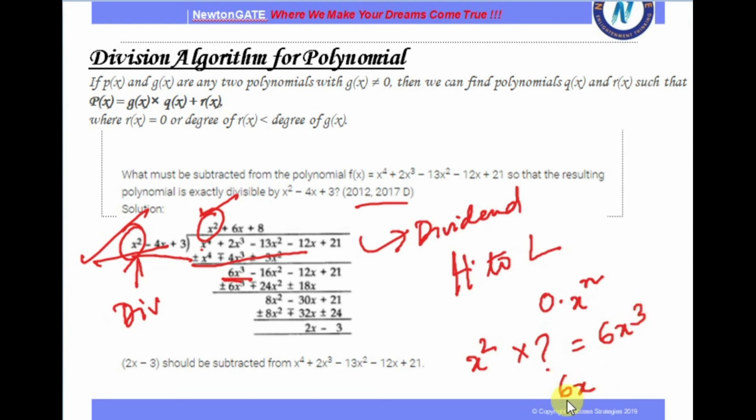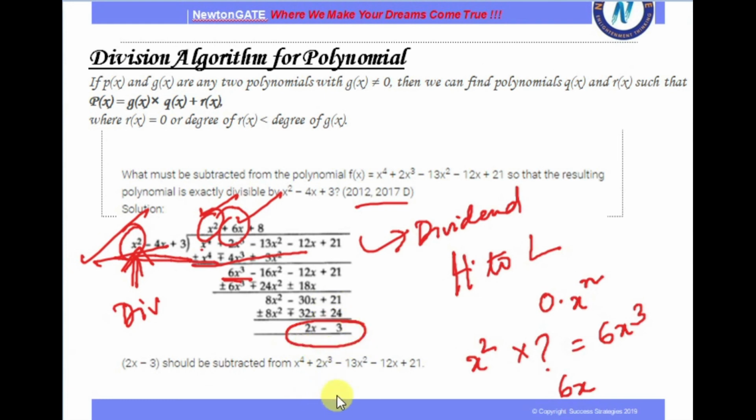That is why we have put 6x here. The first term of both the divisor and dividend is the deciding factor of what the quotient should be. Once you have decided that, multiply the same quotient with the whole expression. Again the same thing continues, and lastly we get 2x minus 3.